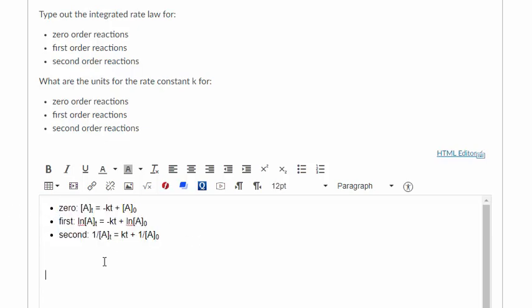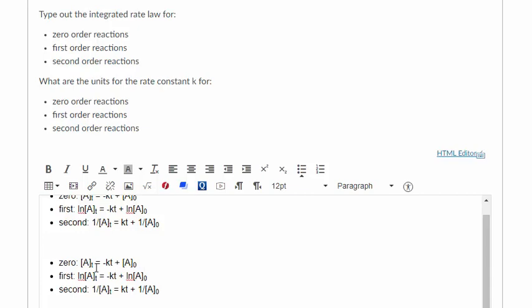So we're also asked for the units of the rate constant k. Well, for the zero order, the units for the rate constant k are molarity per second, molarity over seconds. For first order, it's 1 over seconds. So you can either type 1 over s, or you could do s superscript -1, either way.